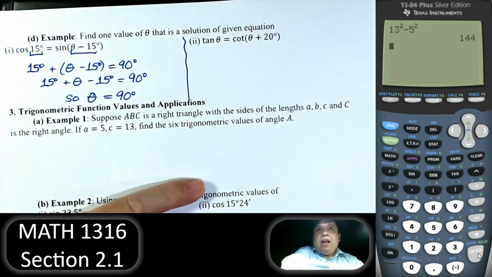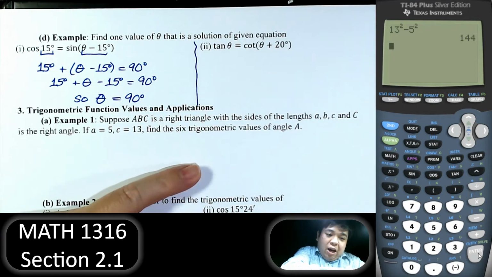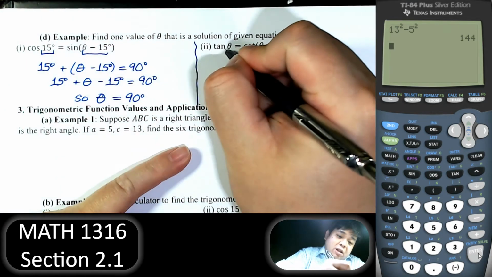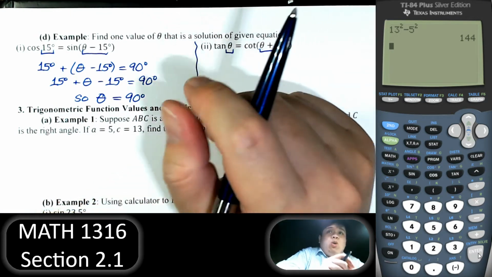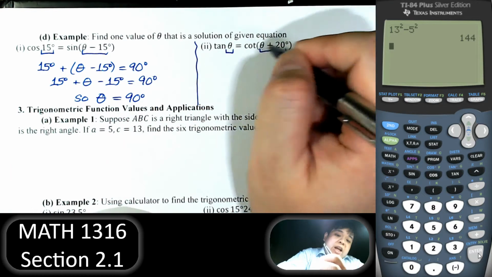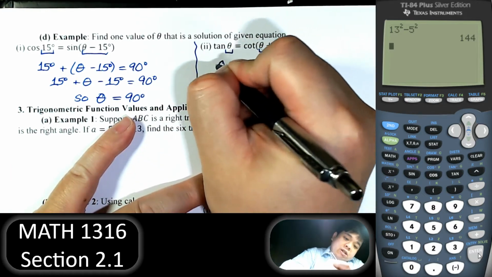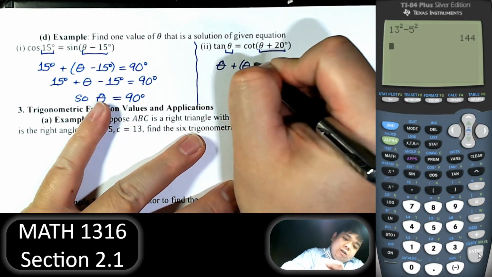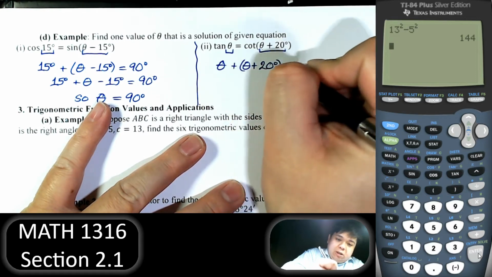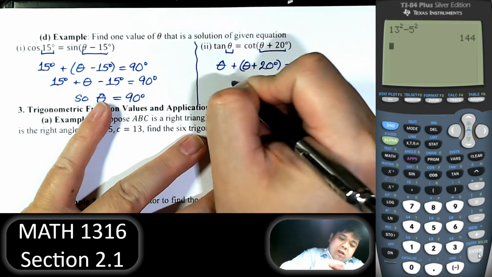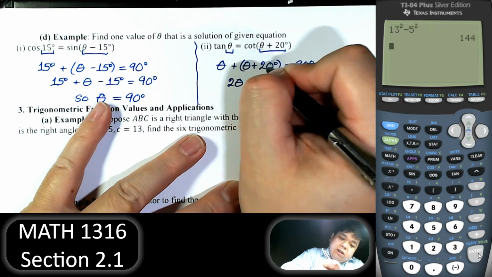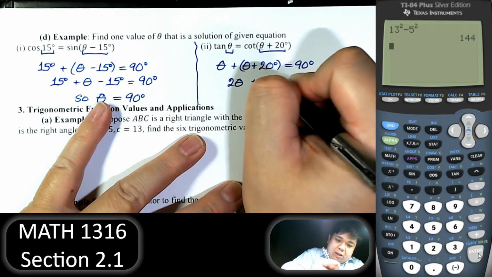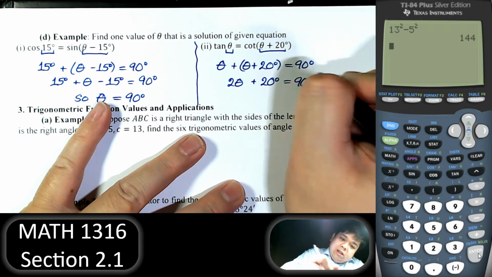Simple enough. Next, tangent of theta is equal to cotangent of theta plus 20 degrees. So it doesn't matter what the value says. If we want to go from a function to cofunction, the angles must add up to 90 degrees. So 2 theta plus 20 degrees is 90.